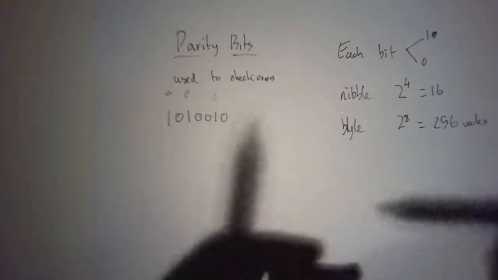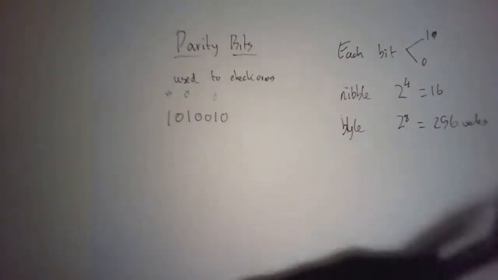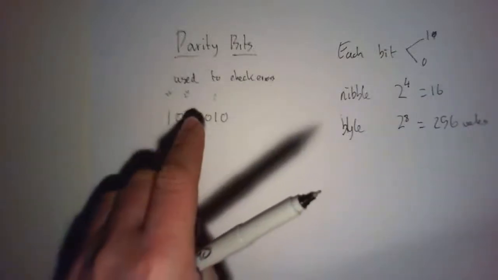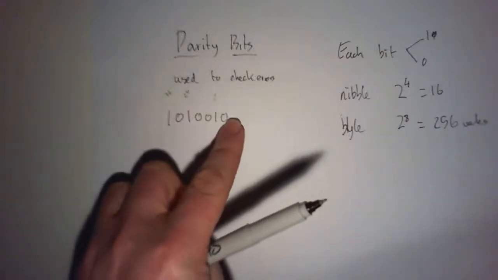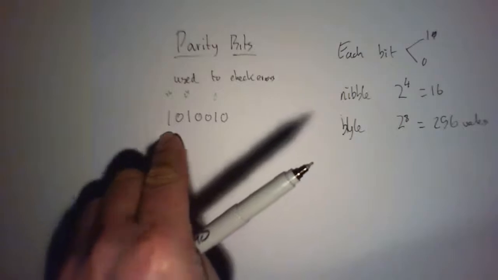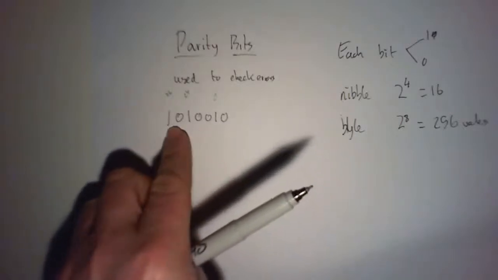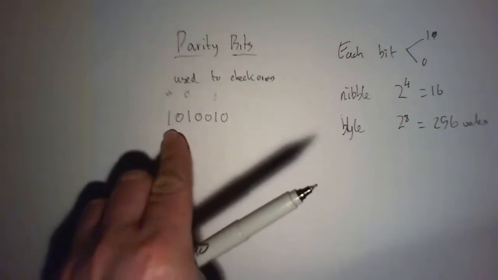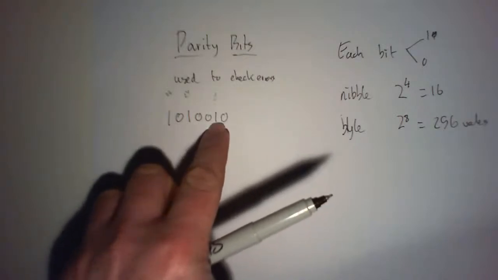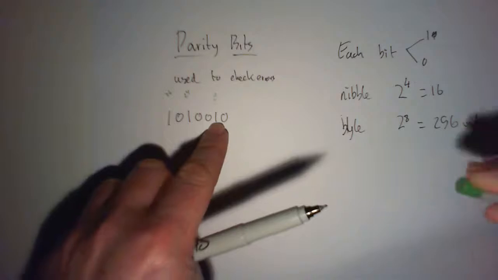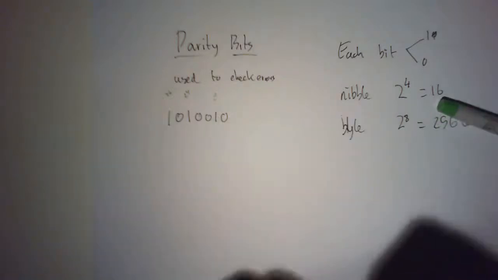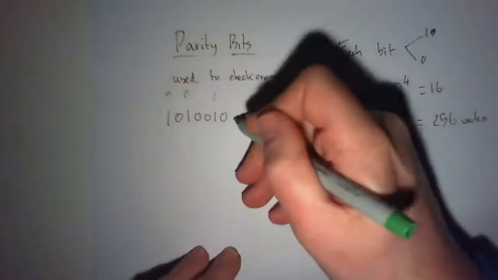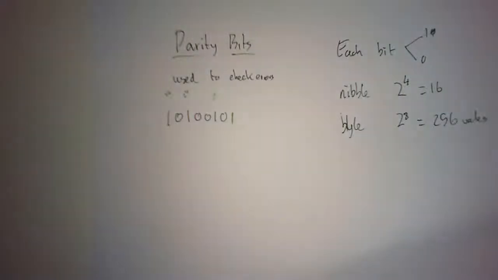Okay, so what's interesting about it is what they do in order to ensure that this gets transported through whatever computer system is there's only 3 ones in here. Okay, so what they do is they tag on a 1 at the end.